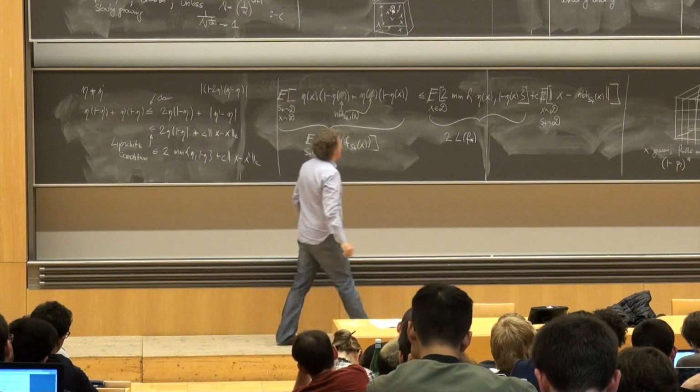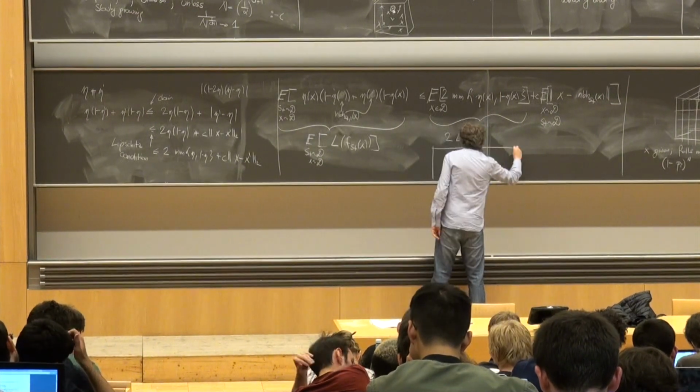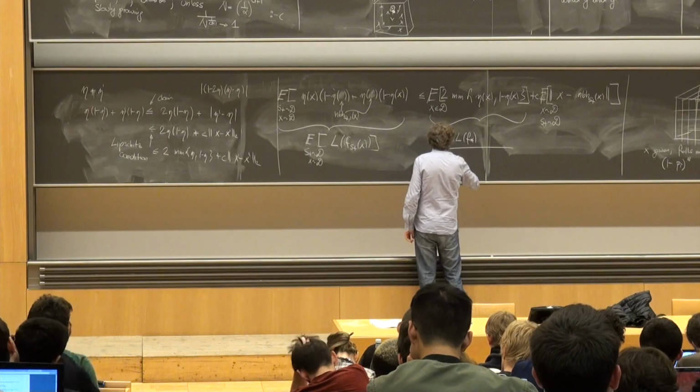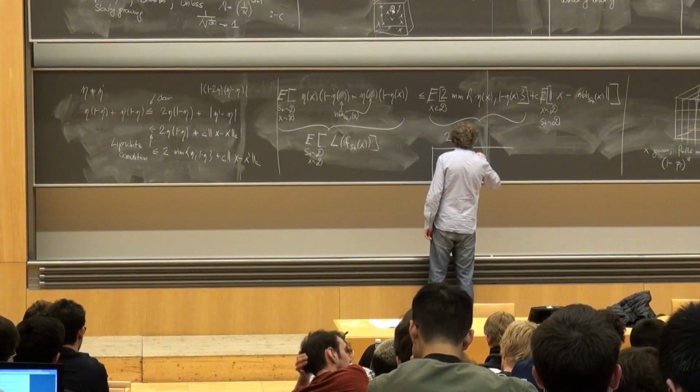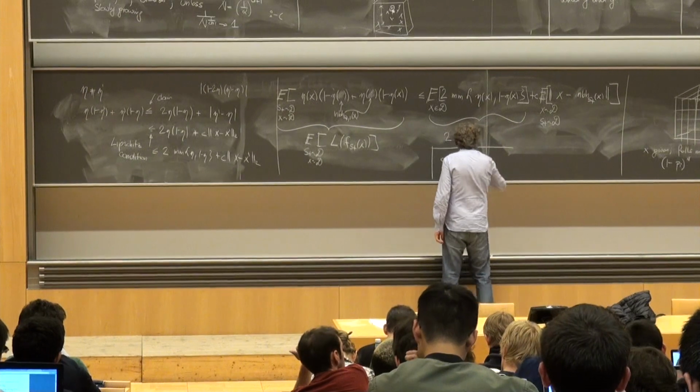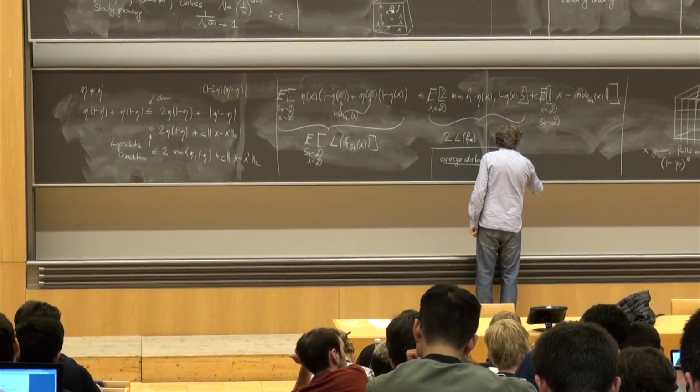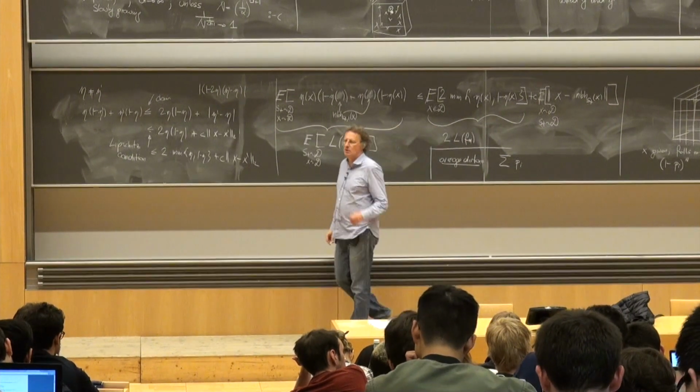So let's just write down the average distance. What would be the average distance? I have a chance pi to fall in a certain box, the new point.